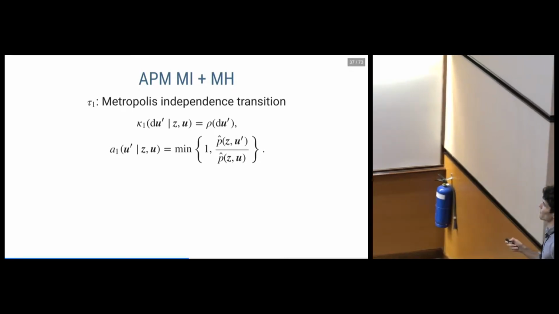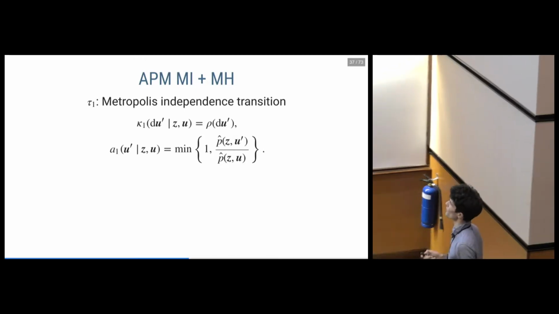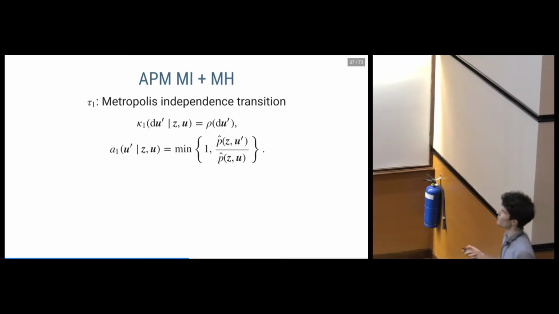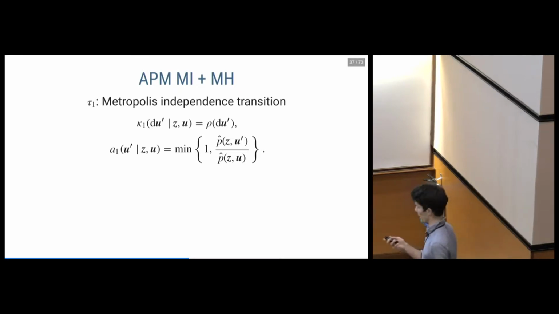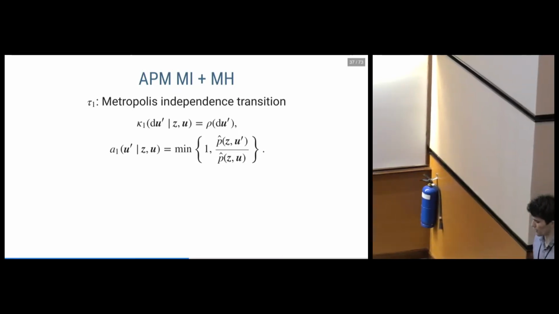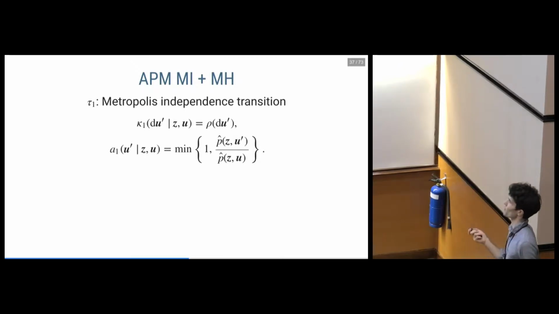So we first define a proposal kernel which just updates the U variables, and we define that, as specified in the name, as a Metropolis independence kernel on those U's, which just samples from this rho distribution we met earlier. The nice thing about that is, again, this is the operation that we know we can do, and it's not making any particularly stronger assumptions about our estimate or our problem.